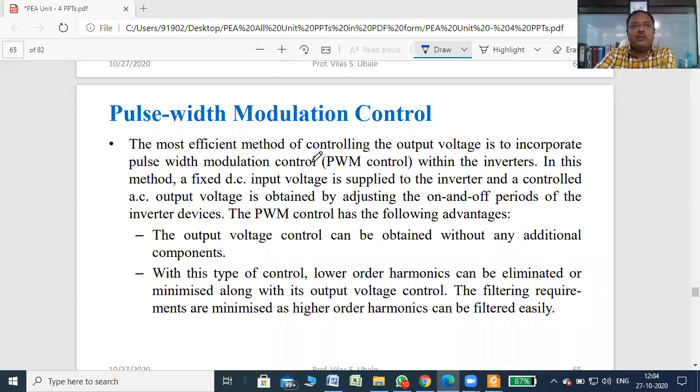Okay, so pulse width modulation control.